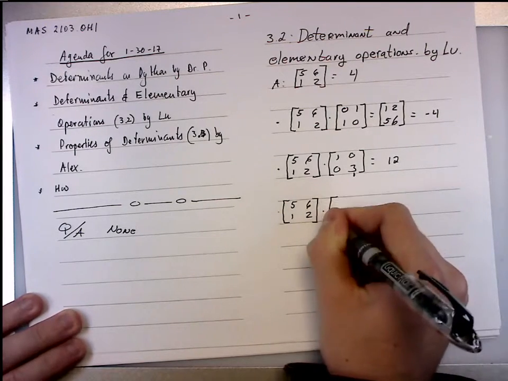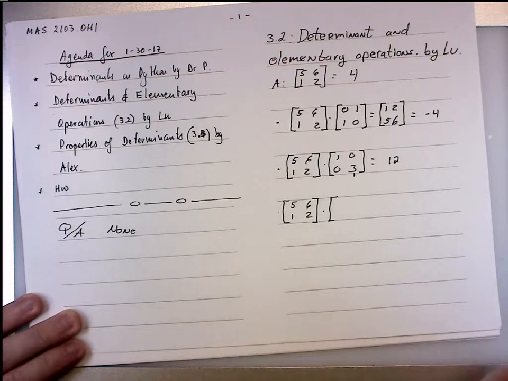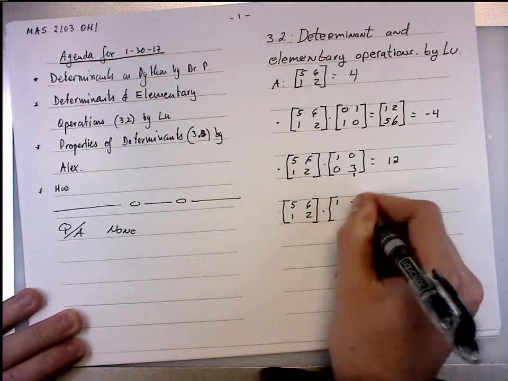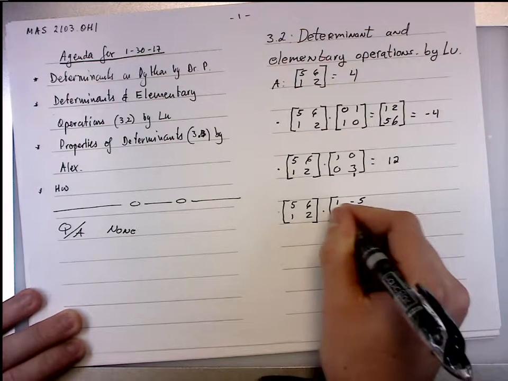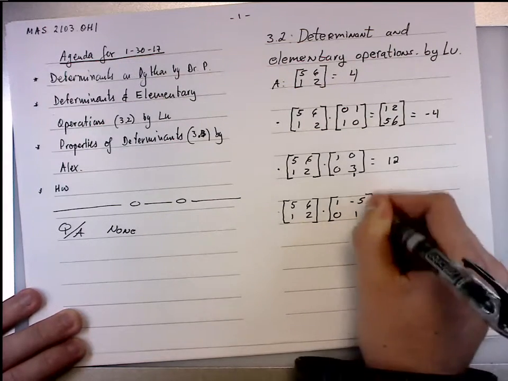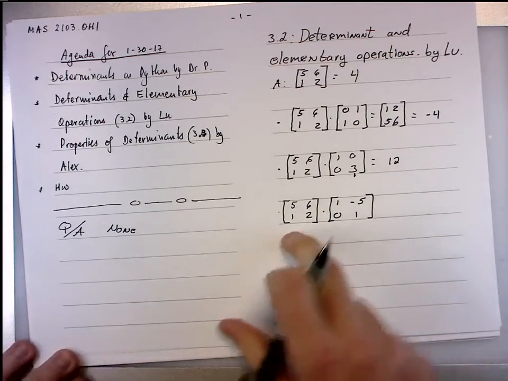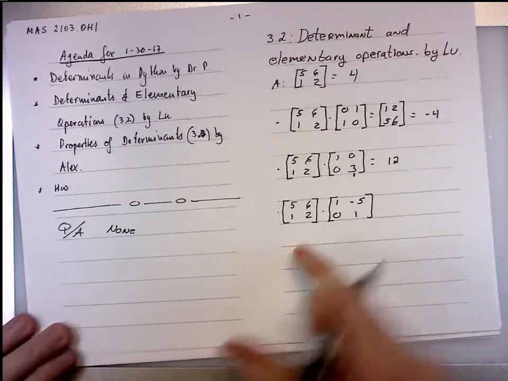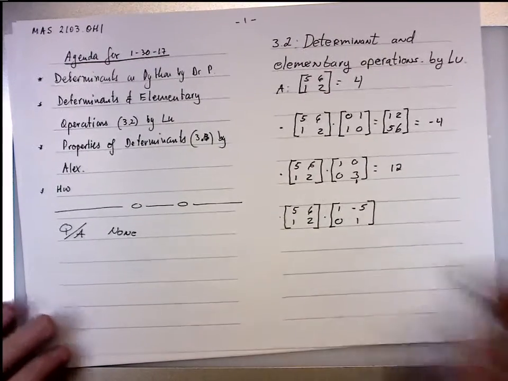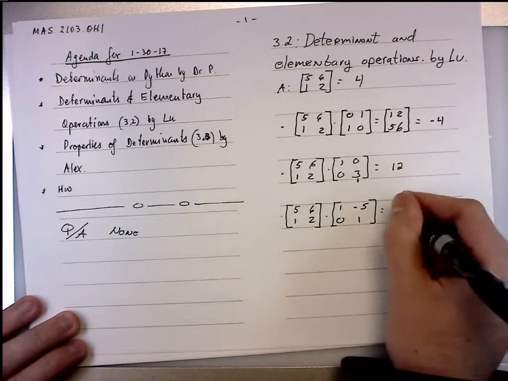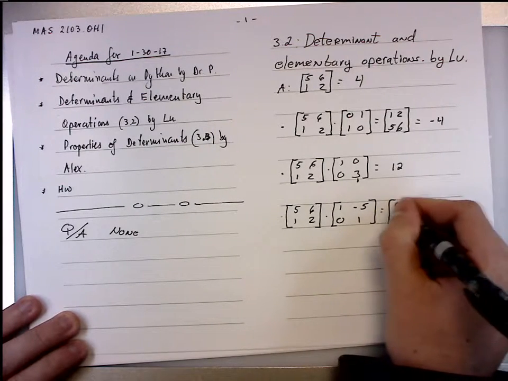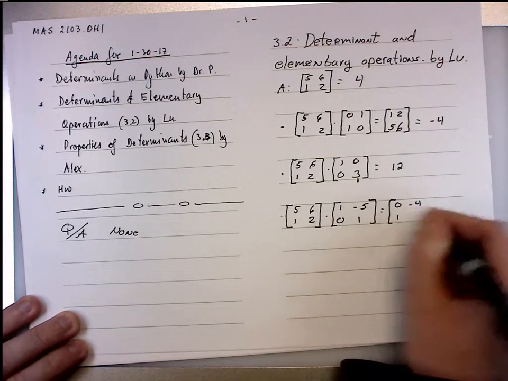Now the last example, we're going to do 5, 6, 1, 2. I'm going to multiply by the elementary matrix 1, -5, 0, 1. All I'm doing is multiplying the second row by -5 and then adding it to the first row. That gives us a matrix of 0, -4, 1, 2.